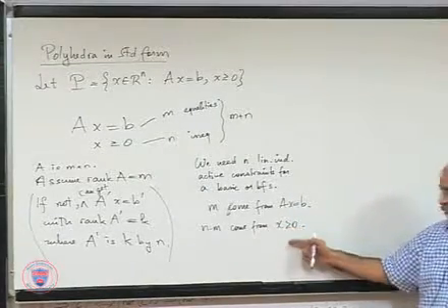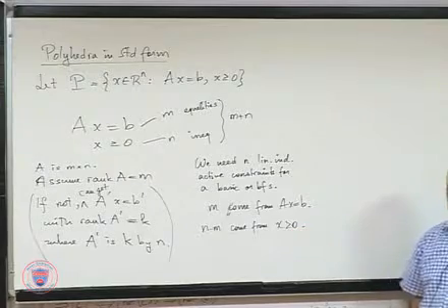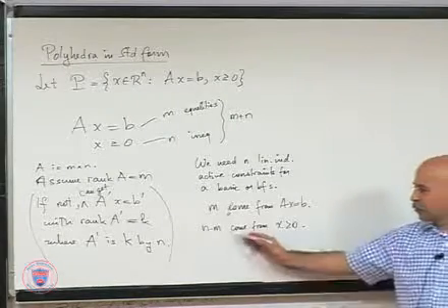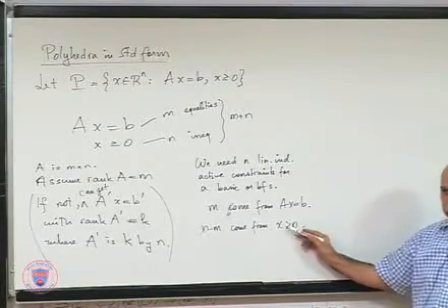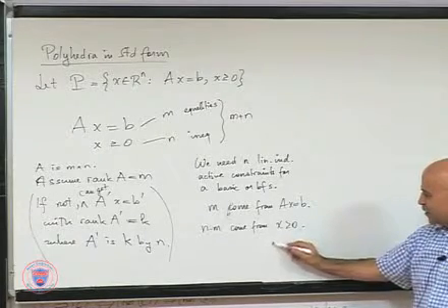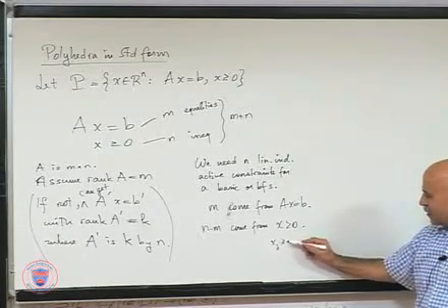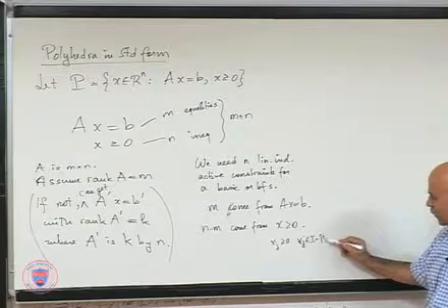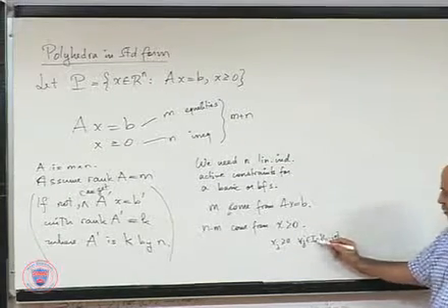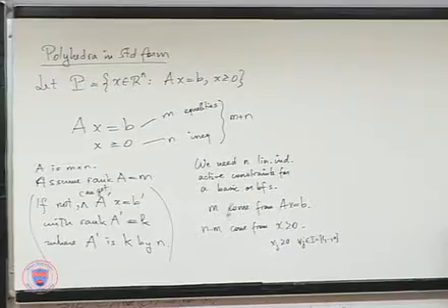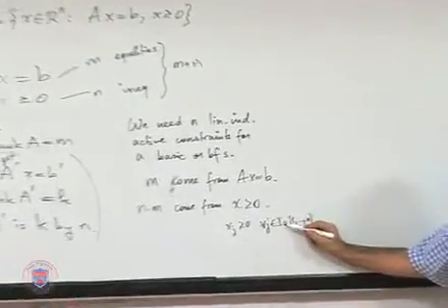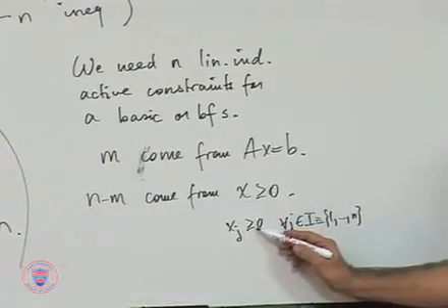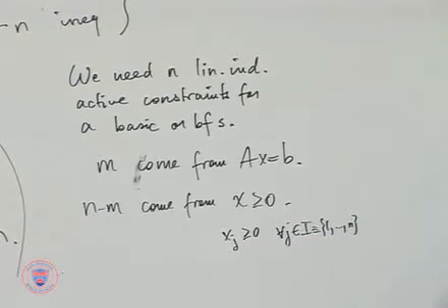You've got n inequalities of the non-negativity kind, and you need only n minus m of them. The ones that you choose as active will become 0, because this simply says that xj is greater than or equal to 0 for every j in the set, say I, going from 1 to n. So let's just define I to be that set. If you take xj greater than or equal to 0 as an active constraint, xj becomes 0. That's it.